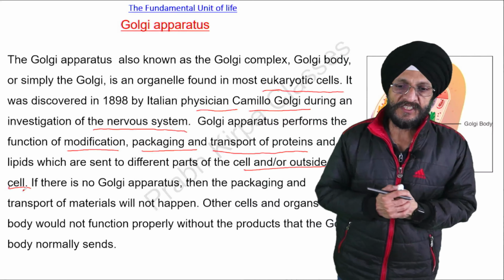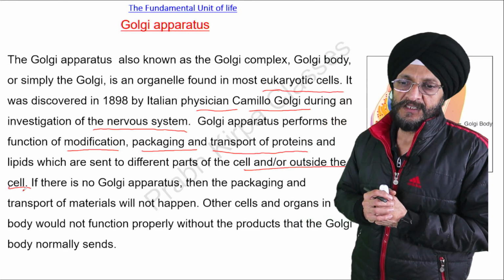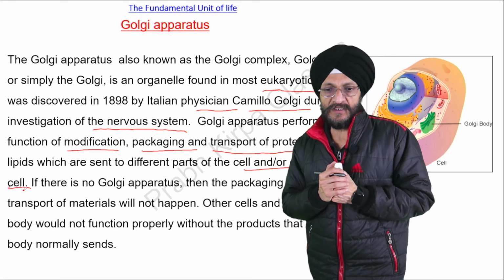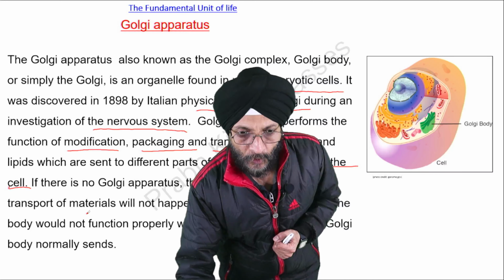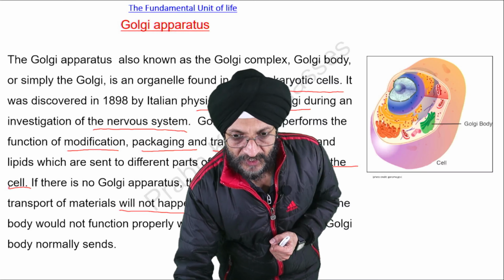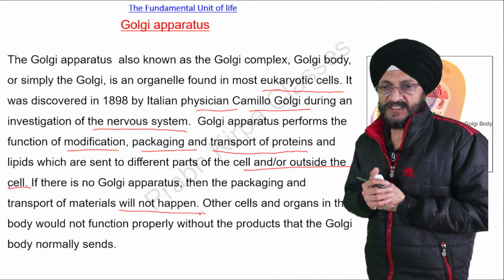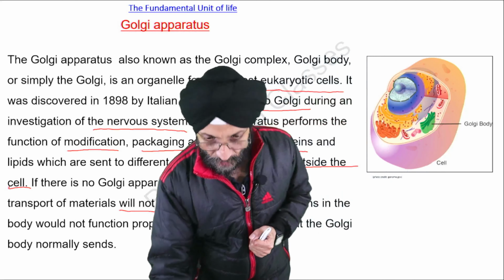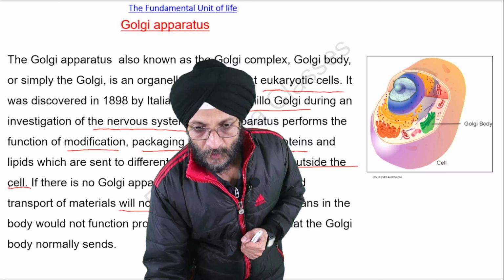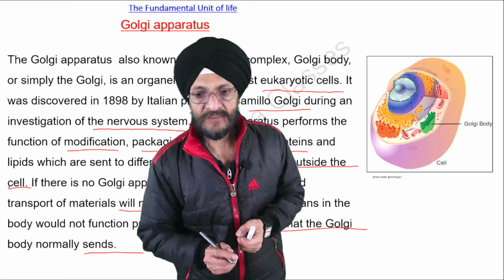If there is no Golgi apparatus, then the packaging and transport of material to different parts of the cell and outside the cell will not happen. Then the other cells and organs in the body would not function properly without the products that the Golgi body normally sends.